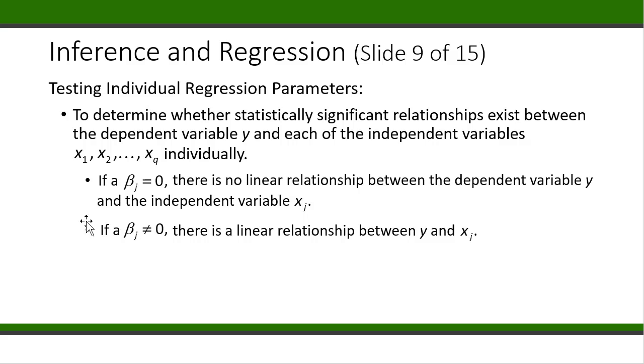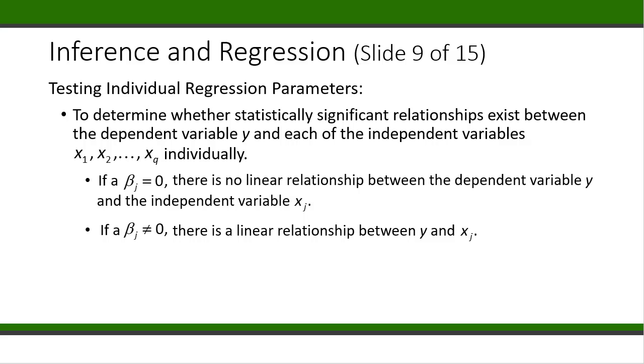So one thing to think about is if the beta is equal to 0, then there's no linear relationship between y and that particular independent variable x. If the beta for that particular independent variable is not 0, then there's a linear relationship between y and that particular value of x.